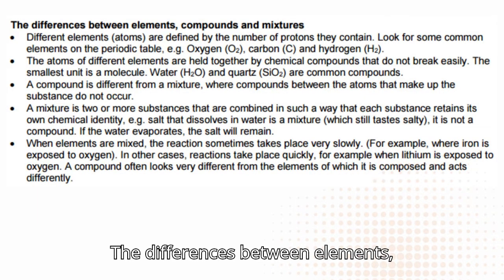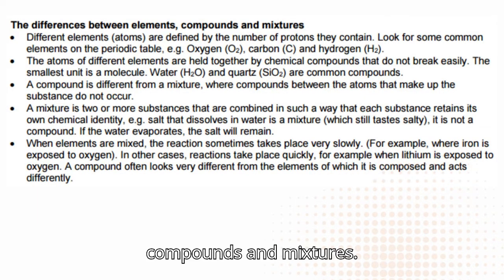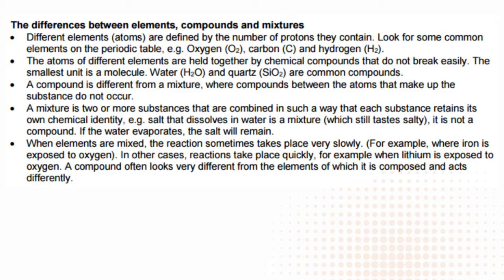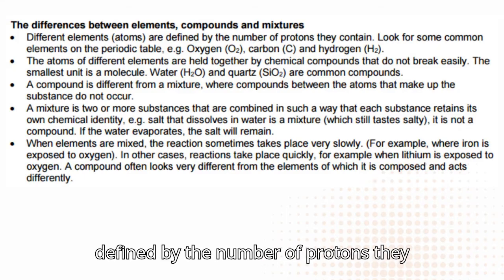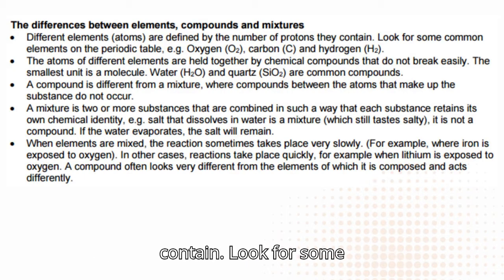The differences between elements, compounds and mixtures. Different elements, atoms, are defined by the number of protons they contain. Look for some common elements on the periodic table, e.g. oxygen, O2, carbon, C, and hydrogen, H2.